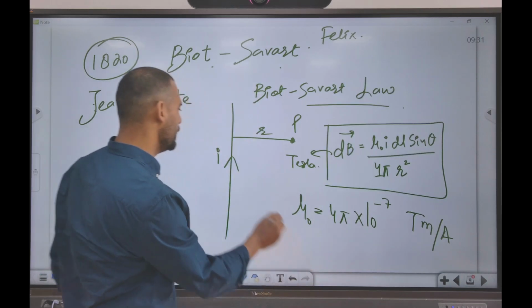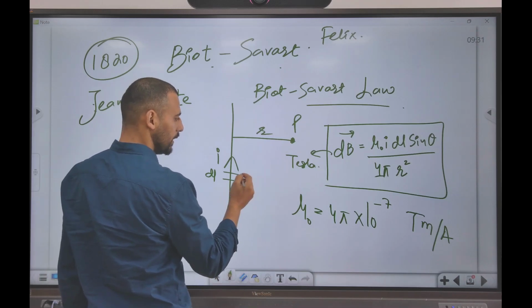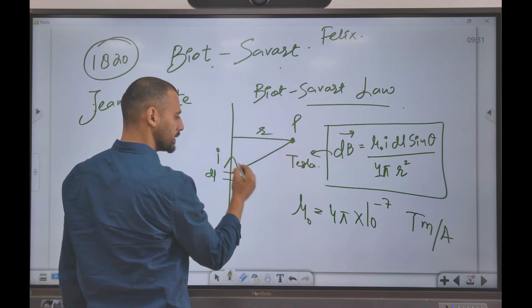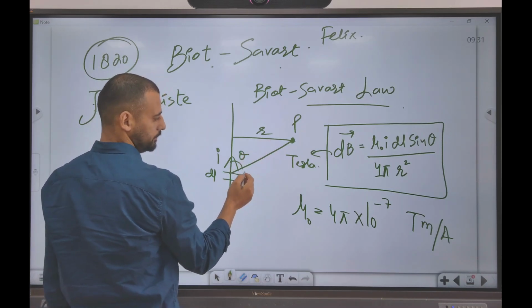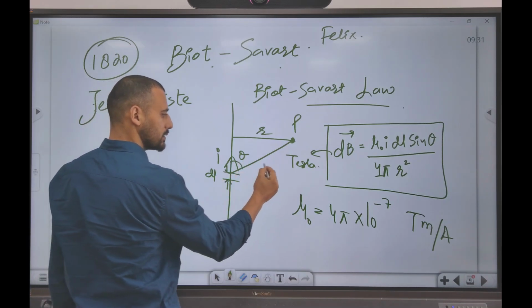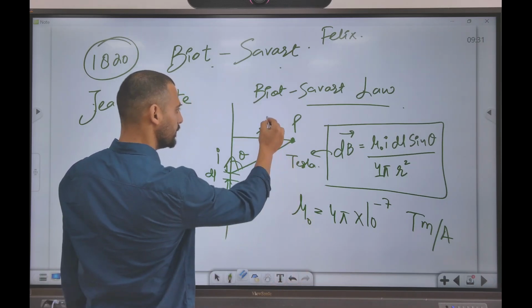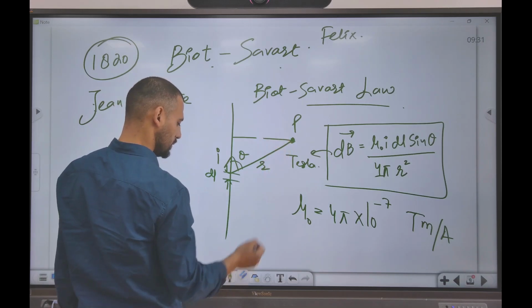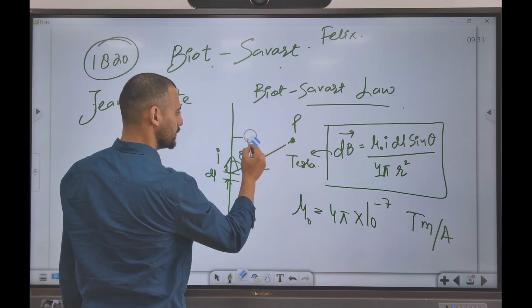dl is a small element here, so I'm taking a small element here, okay, and the angle that it makes is theta. Fine. So this is the angle, the current, that element dl, and r is the distance.